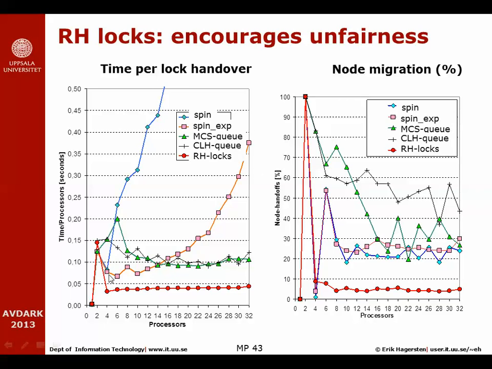So what he showed here is compared with other locks, spin exponential, MCS and CLH locks. This is the one we looked at in some gory detail. His own lock, when you increase the number of processors, is much better. The secret sauce he reveals in the graph to the right: he shows the likelihood that a lock that I release will be transferred to a different node, to a different multi-core, or will it stay in the same multi-core?